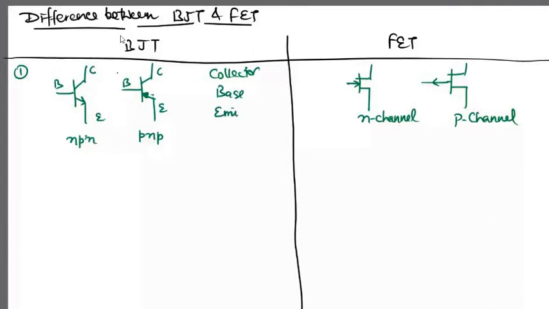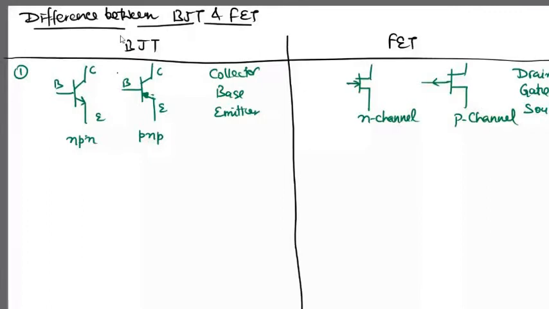Here there are three terminals: drain, gate, and source. Drain is equivalent to the collector that collects the electrons or charge carriers. Gate is equivalent to the base region, okay, and source is equivalent to the emitter.